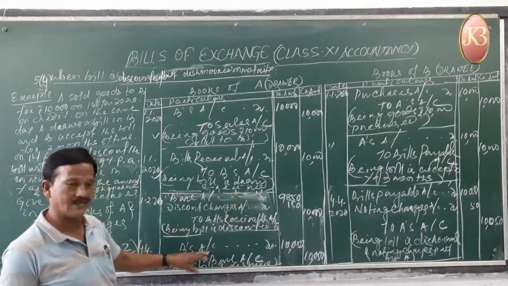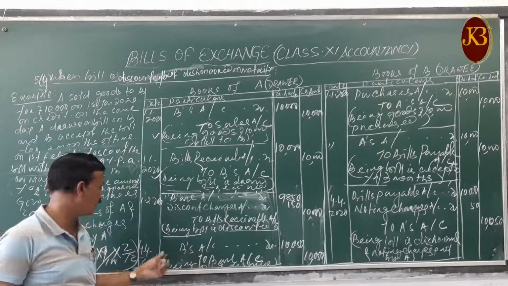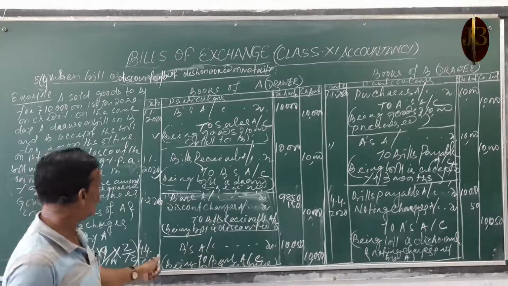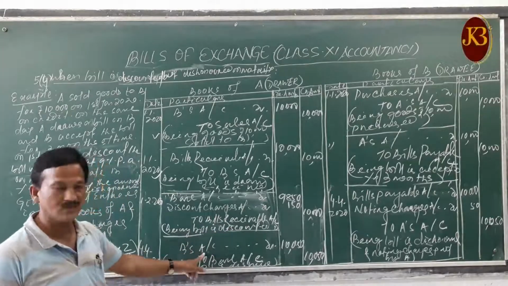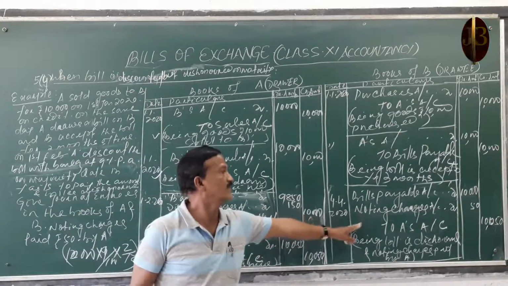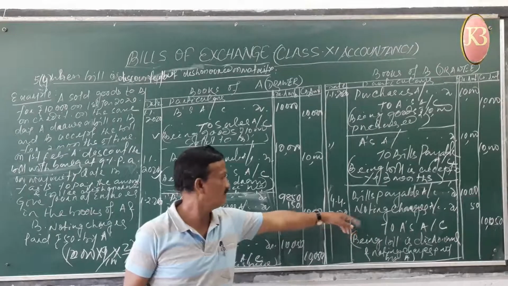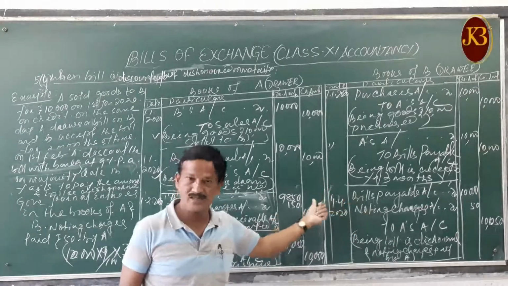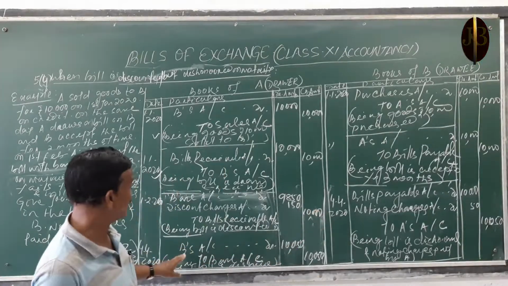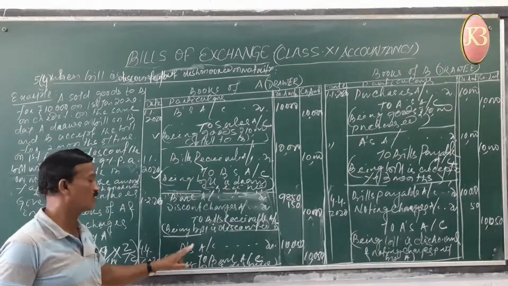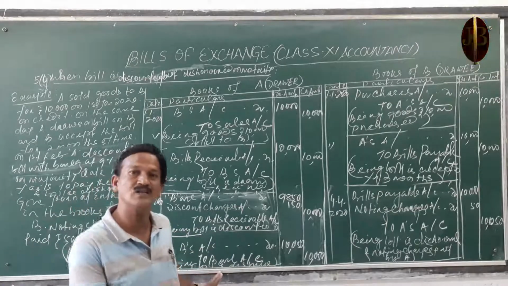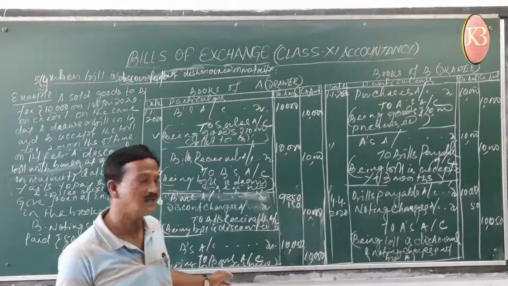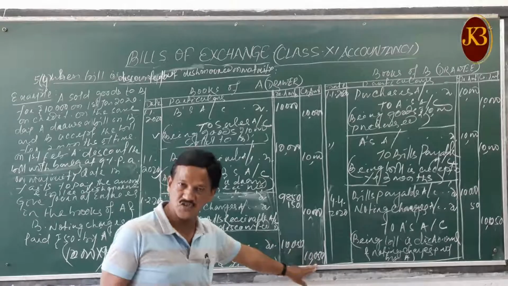And the dishonor entry. This is the last entry, the dishonor entry on maturity date. When the bill is matured and B pays the amount, then this entry will not be done. So this entry is cancelled, that is the payment entry. But when the bill is dishonored, in this case, drawee's account is debited to bank account, because the bank will receive the amount of the bill including noting charges.